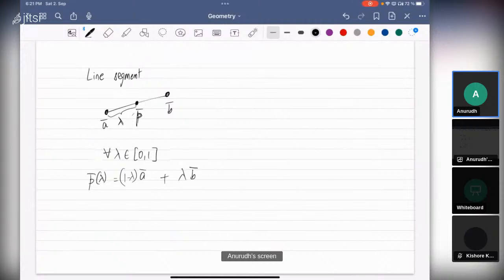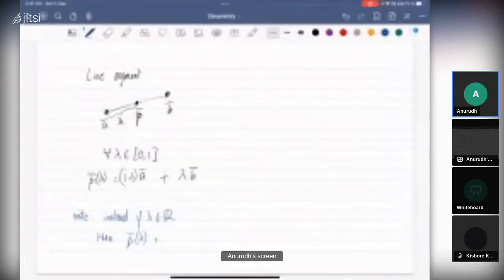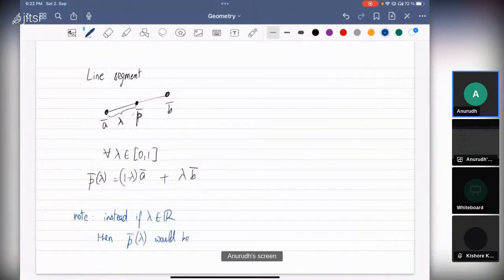And similarly, if lambda was instead any real number, then this P lambda would be the entire line that passes through the points A and B. And now you can also parameterize a ray by the same logic, let's say one that starts at A and goes towards B, by just choosing lambda to be positive numbers.